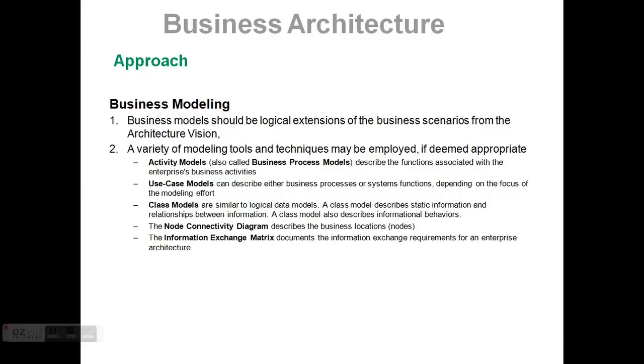It focuses on characteristics of an information exchange such as performance and security and so on. And they identify who exchanges what kind of information with whom, why the information is necessary, and in what manner.